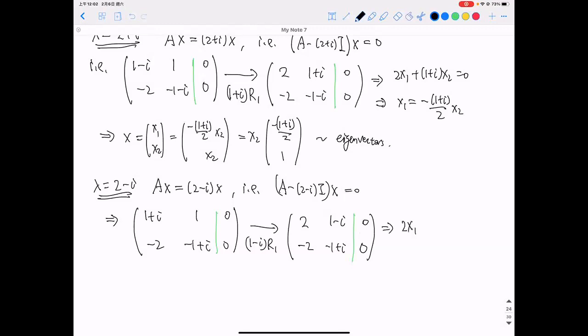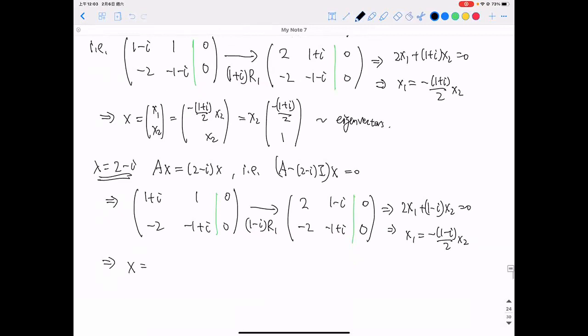So you just have 2x1 plus (1 minus i)x2 equal to 0, which you can solve: x1 equal to negative (1 minus i) on 2 times x2. So the vector x is x2 times this vector.